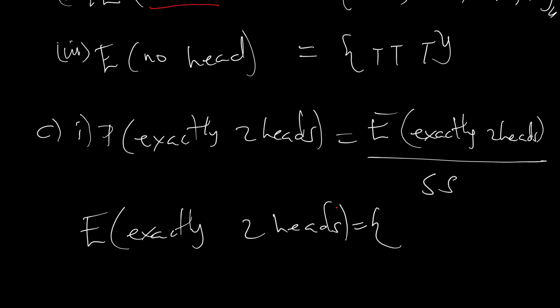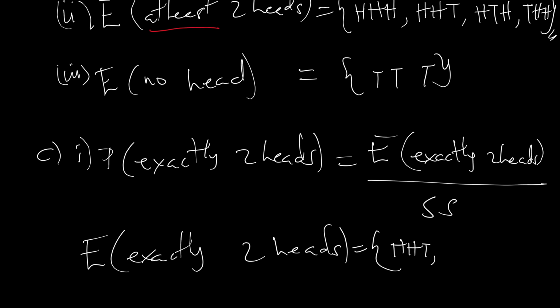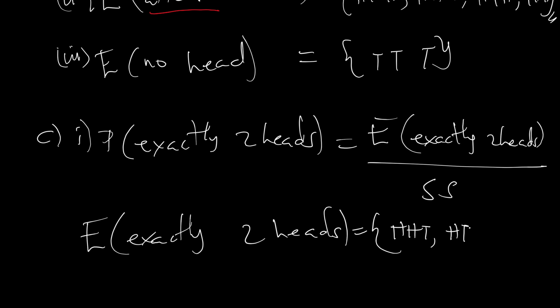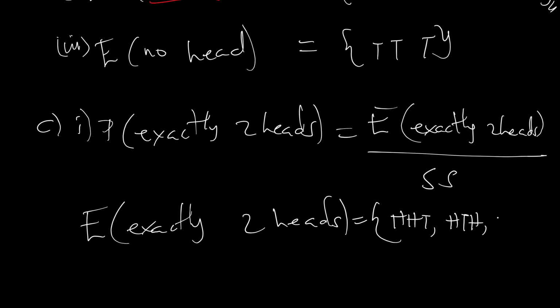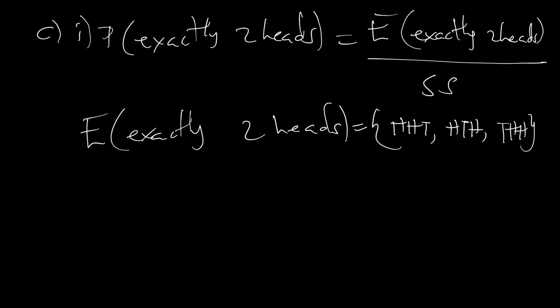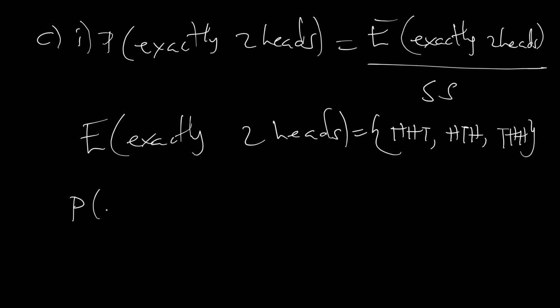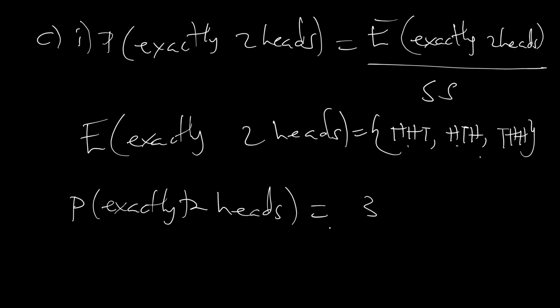So HHT, HTH, and then THH. So our probability of obtaining exactly 2 heads will be equal to the number of events, which is 1, 2, 3, over the total number or the sample space.